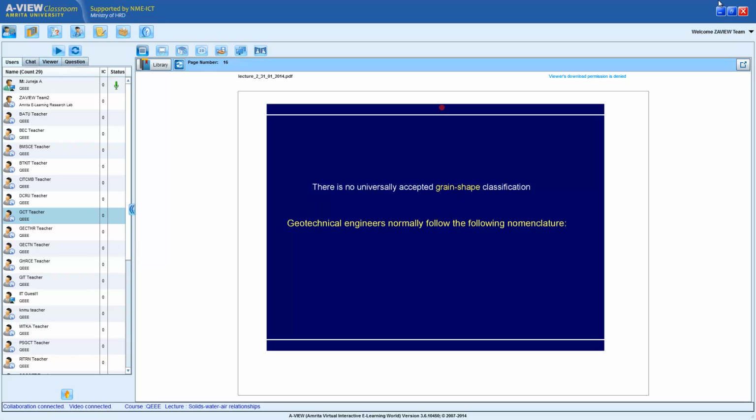Apologize. Now, since we are looking at the photographic view of the particle, it's really not a good idea to classify the soil based on just the shape, because what you would be looking at and what I would be looking at may not be the same.